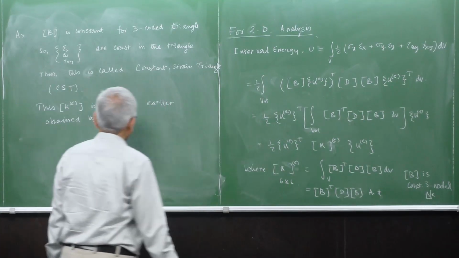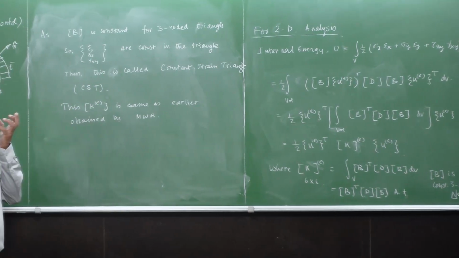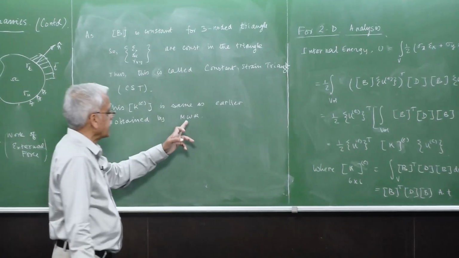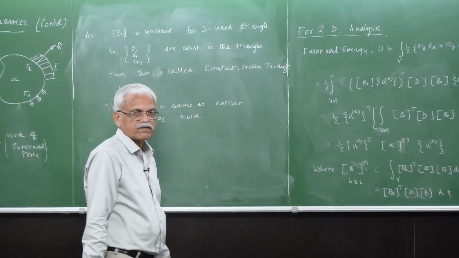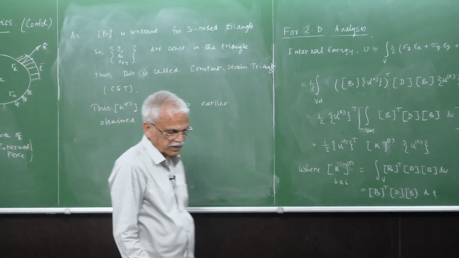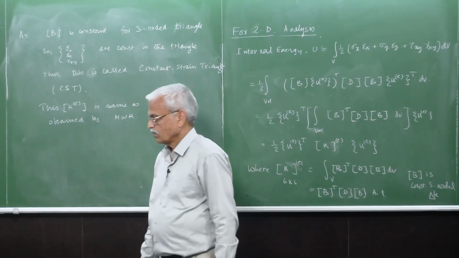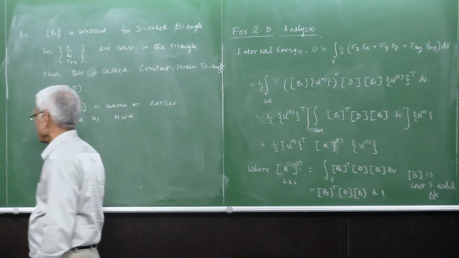Okay, so you can observe that. So you can also check that this is exactly the same as the earlier obtained by method of weighted residuals. So it is obvious, right? Whichever approach you take, you should get the same matrices. So here we call it the stiffness matrix.